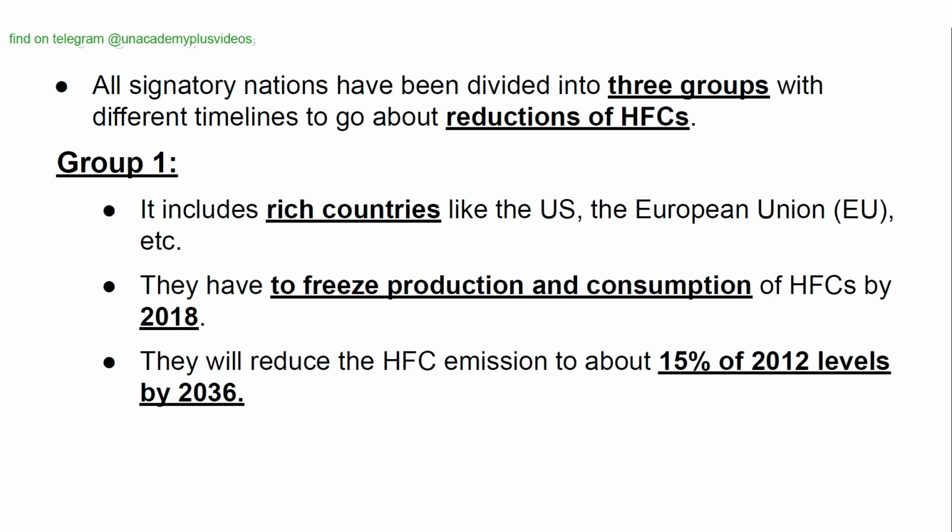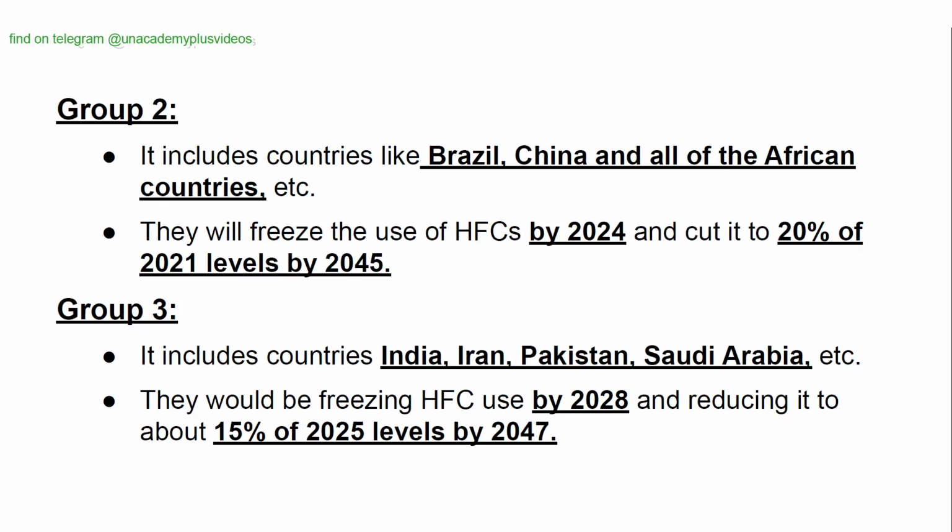Group 1 includes rich countries like the US, European Union, etc. They have to freeze production and consumption of HFCs by 2018. They will reduce HFC emissions to about 15% of 2012 levels by 2036. Group 2 includes countries like Brazil, China, and all of the African countries.